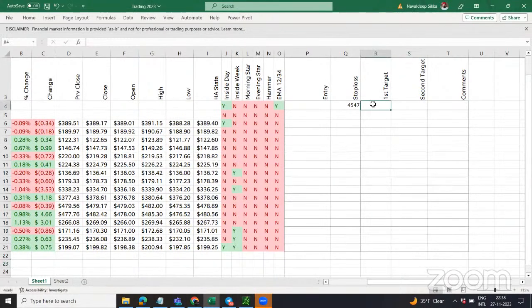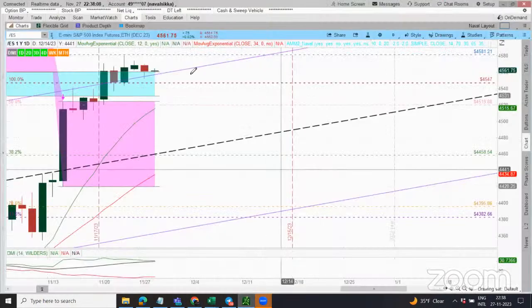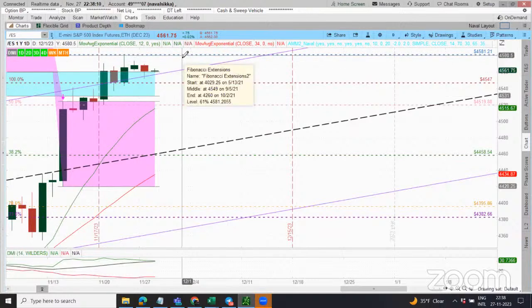I'm still looking at 4581. I think that will be a good first target.